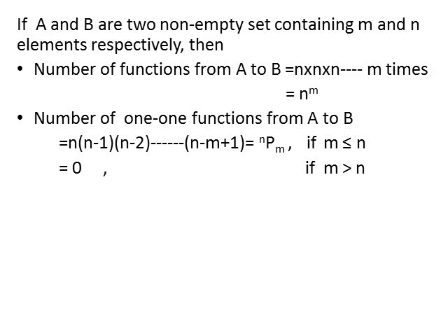For the mth element, we have n - m + 1 options. So it is equal to n into (n - 1) into (n - 2) up to (n - m + 1). That is equal to nPm. But it is possible only if m is less than or equal to n. In case m is greater than n, the number of 1-1 functions is 0.